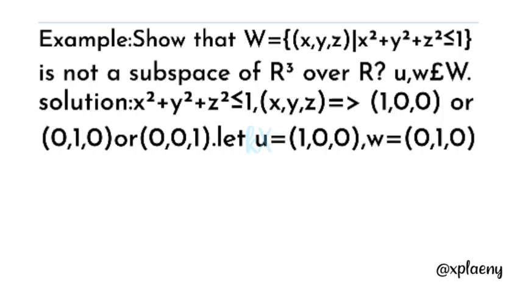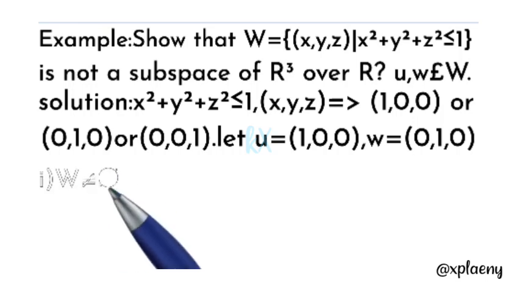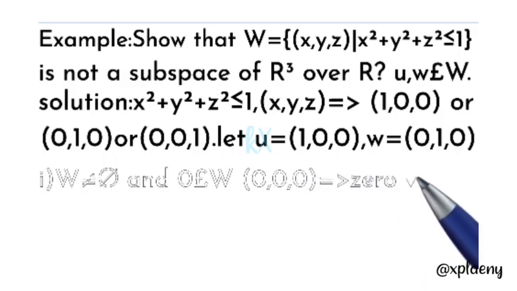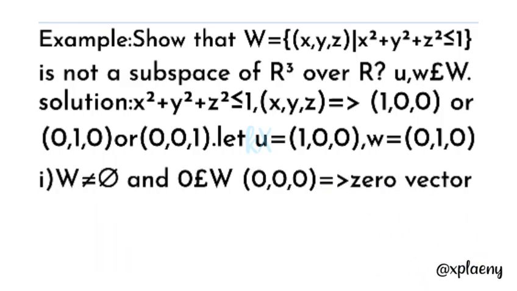So that means we can consider 3 aspects. We can either consider x to be 1, y to be 0, z to be 0, or x to be 0, y to be 1, z to be 0, or x to be 0, y to be 0, z to be 1. This is the only situation where we can square it and still have a number less than or equal to 1.